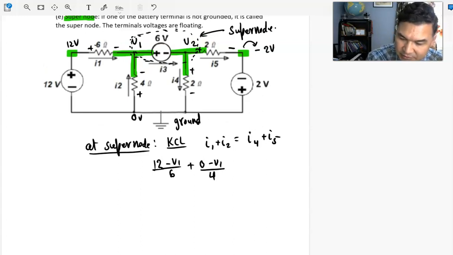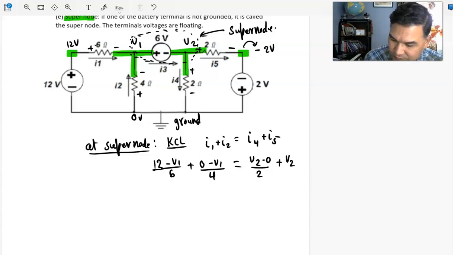On the right hand side, what is I4? I4 is V2 minus 0, which is V2 divided by 2 ohms, plus what is I5? I5 is V2 minus 2, divided by 2. It's not just 2, it's negative 2.